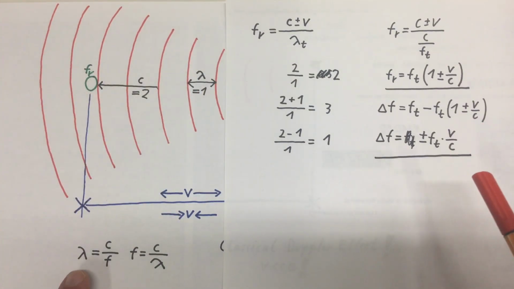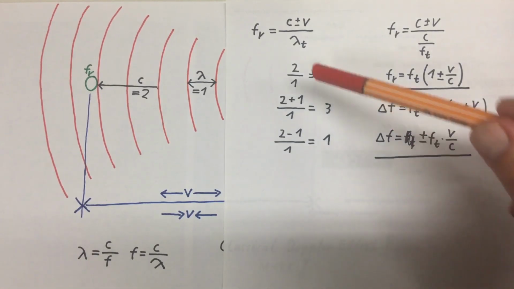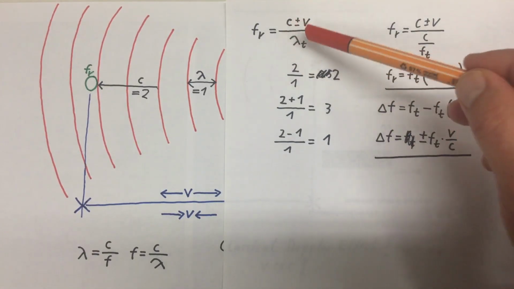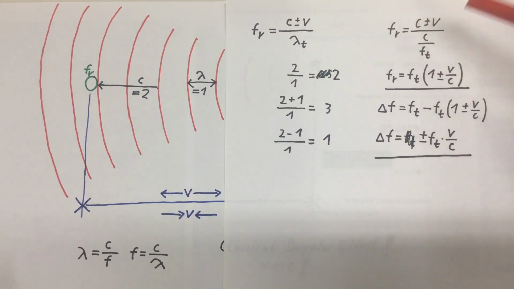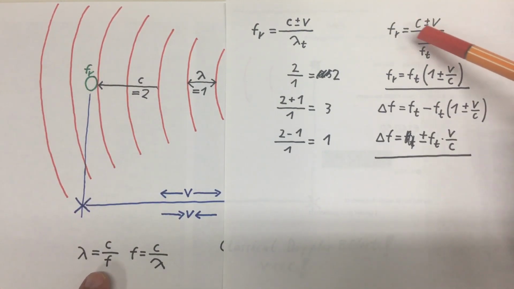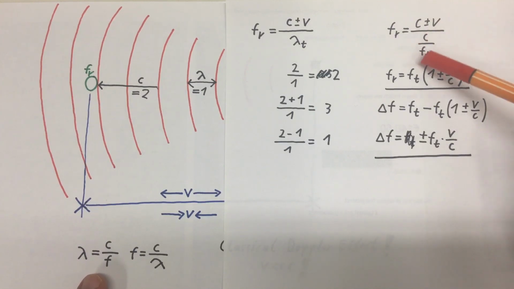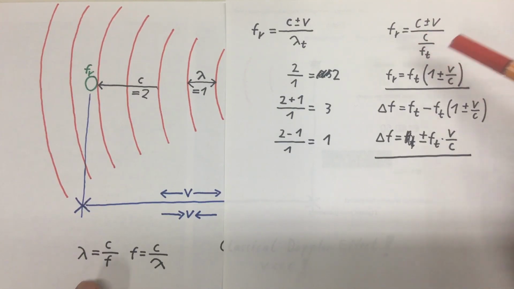If we take that formula here, so the wavelength is equal to the speed of our waves divided by its frequency, and put that in here for the lambda transmitted, we get that. So our received frequency is equal to the speed of our wave plus minus the relative velocity transmitter to receiver over the speed of the wave divided by the transmitted frequency.